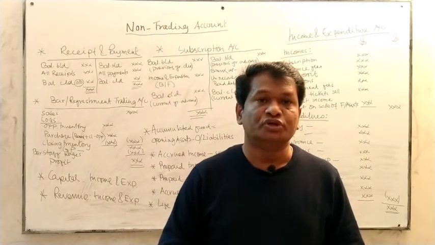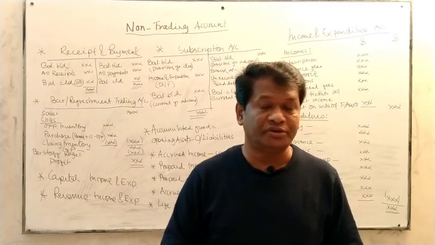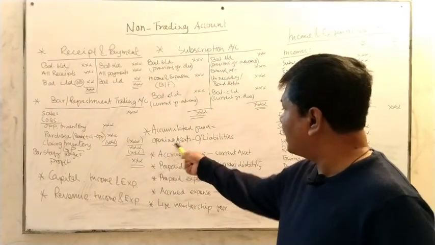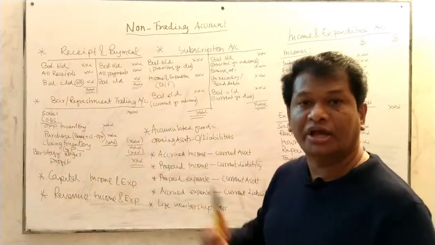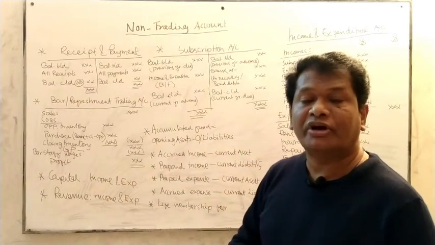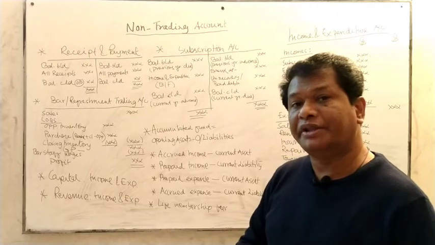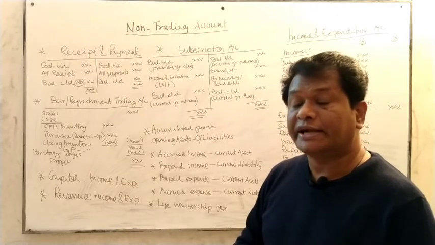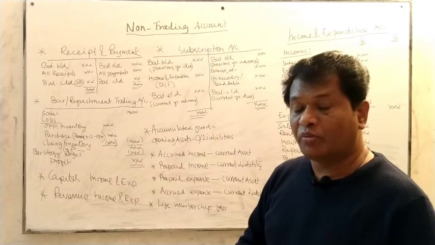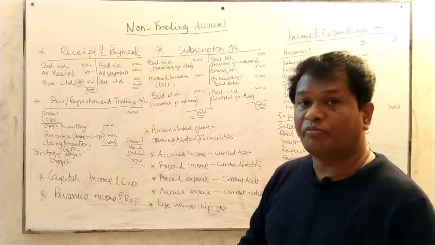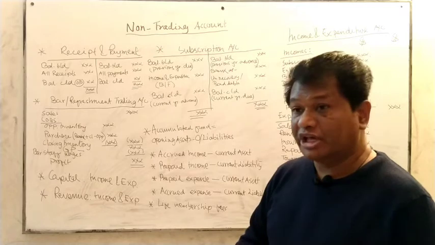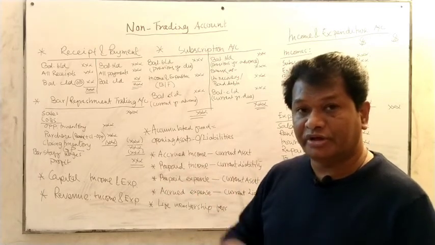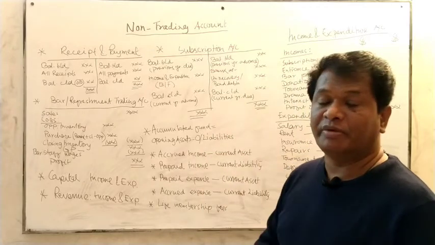That accumulated fund is to be written, which is calculated over here: opening assets minus opening liabilities gives the accumulated fund. To that accumulated fund, if there is a surplus in the income and expenditure account, that amount is to be added: accumulated fund plus surplus of income and expenditure account. If there is a deficit, that is to be subtracted from the accumulated fund. The figure is written in the balance sheet.